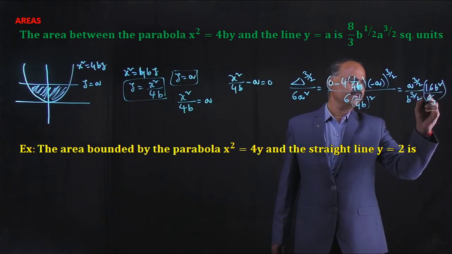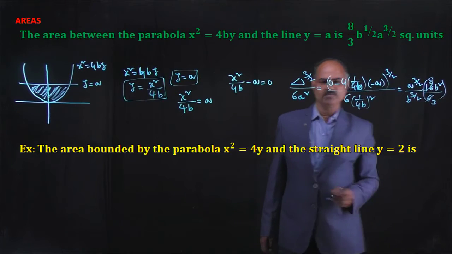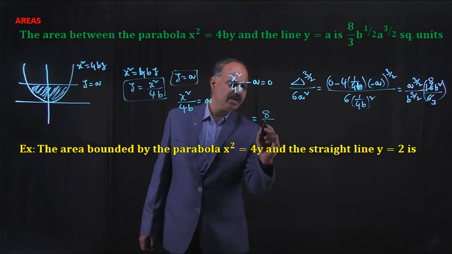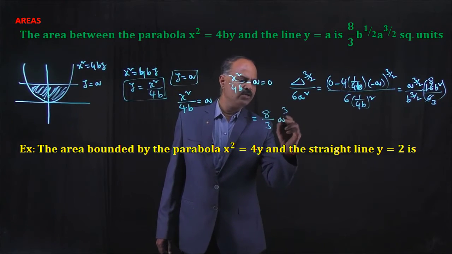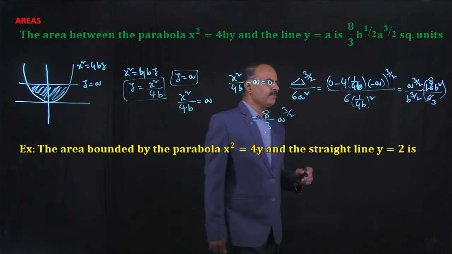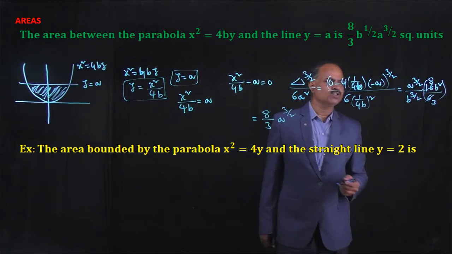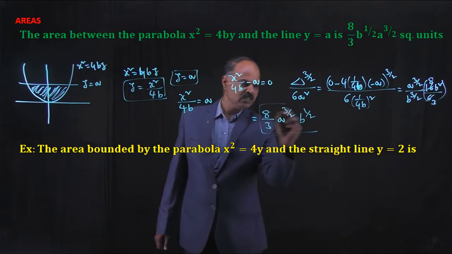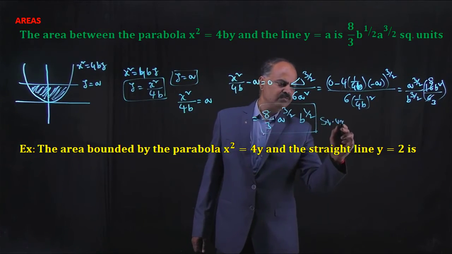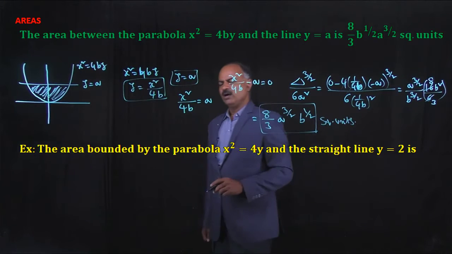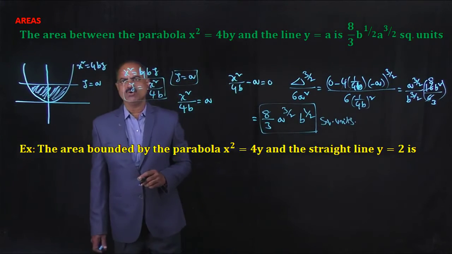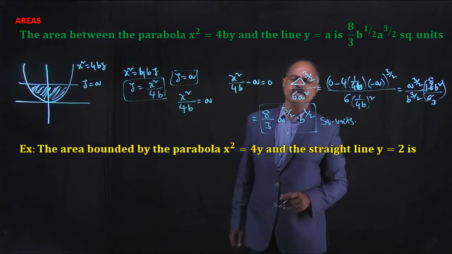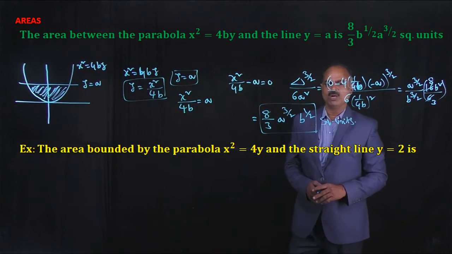Here 2 into 3, 2 into 8. So this is 8/3 into a^(3/2) into b²/b^(3/2), that is b^(1/2) square units. Therefore, the area between the parabola x² = 4by and the line y = a is (8/3) a^(3/2) b^(1/2) square units.